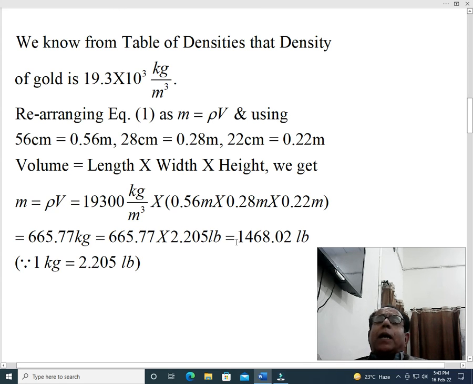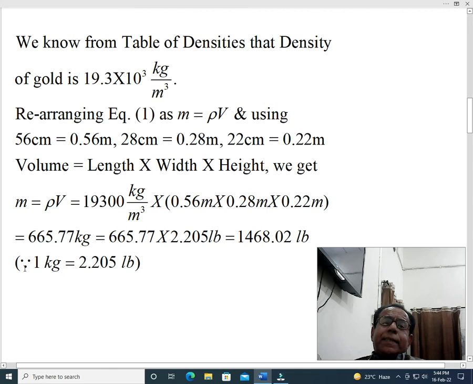So our answer will become 1468.02 pound, because within bracket I have already discussed that when this third dot is below these two parallel dots, then it is read as because.